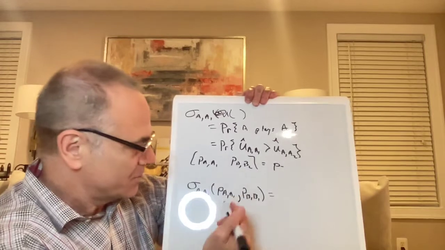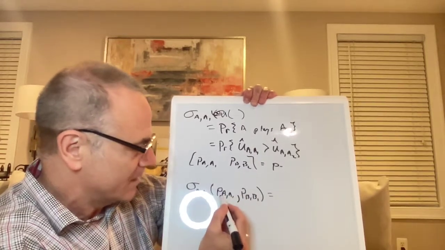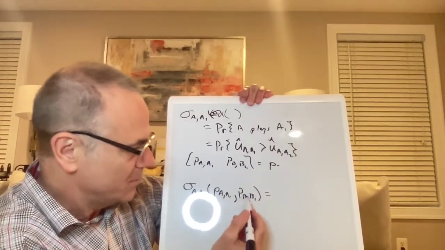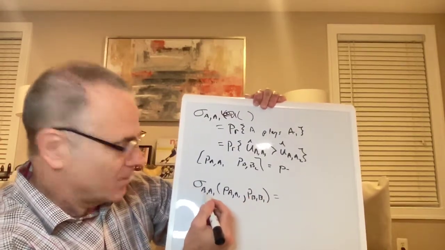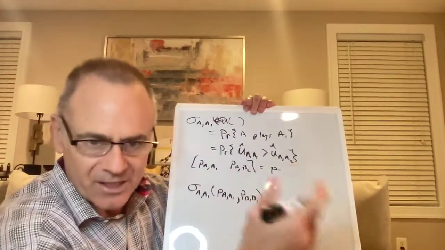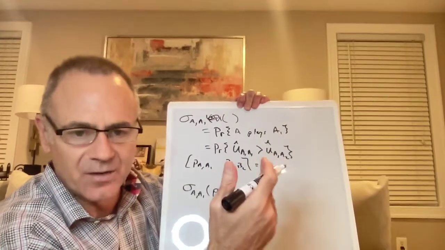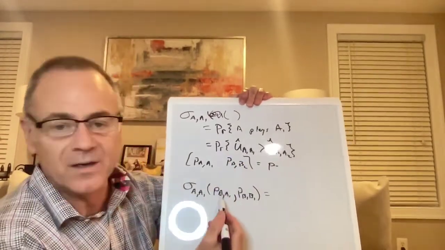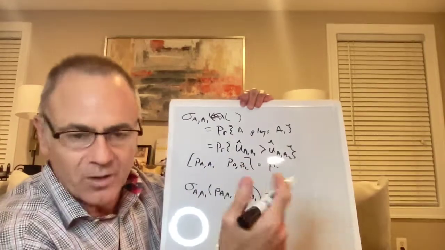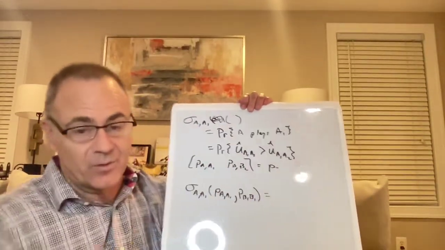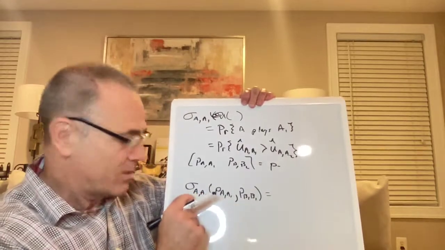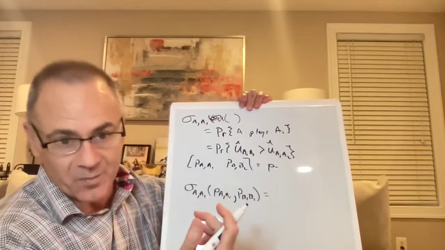Suppose we, the researcher, hear what the equilibrium God said, PA, PB B1, and then we compute sigma AA1 given the distribution of those error terms. And that sigma might be different from what the equilibrium God said. So eventually, we want an equilibrium where the sigma is equal to P.